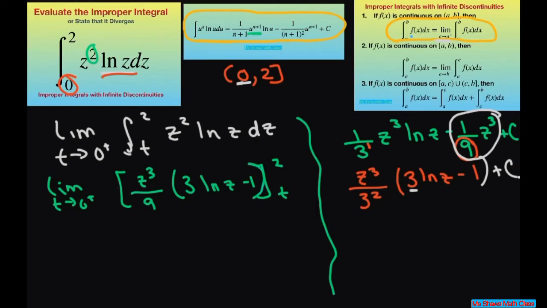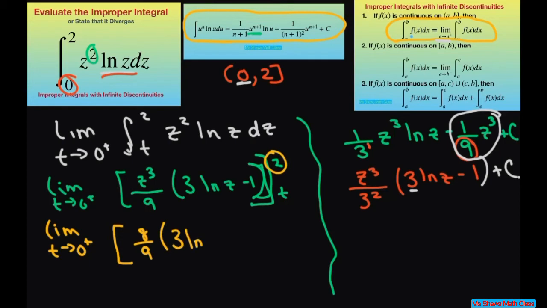Let me put brackets there. So now let's start with 2. We're starting with our 2, the limit as t approaches 0 from the right. And when you substitute in 2, 2 cubed is 8. So you have 8 ninths times 3 ln of 2 minus 1.